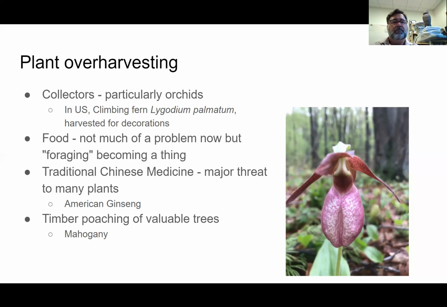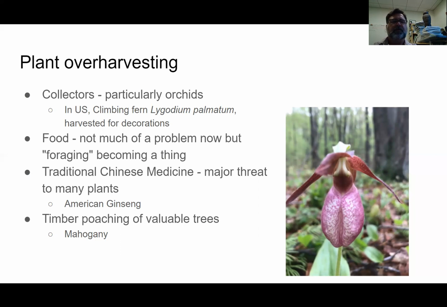Overharvesting for food and plants is not so much a problem as it is in animals, although foraging is now a thing. People are going out and just finding wild foods, something I appreciate, but something we should keep an eye on as being problematic in the future.